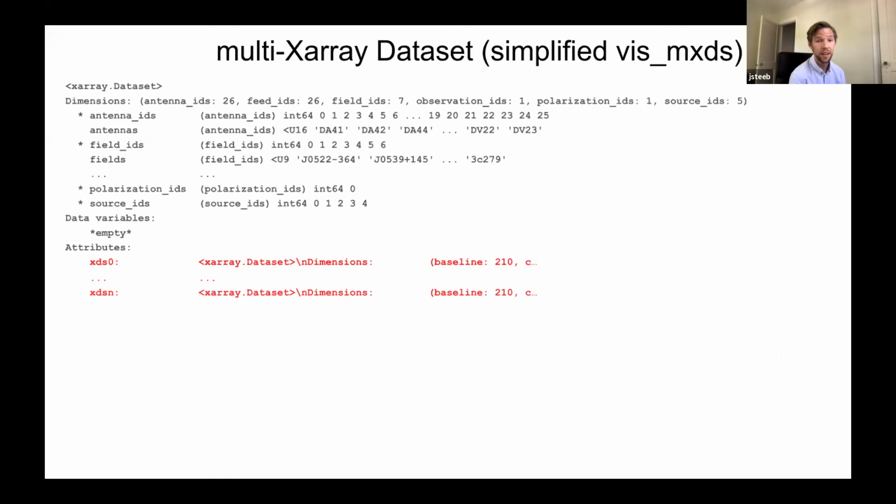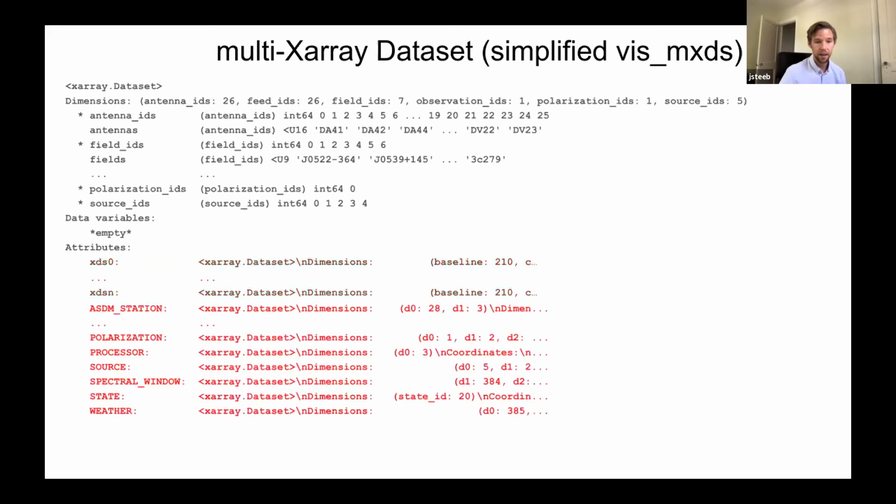We're reusing the Xarray data set, and in the attribute section, that's where we put all the dictionaries that are for each one of the XDSs. So this represents our visibility data.